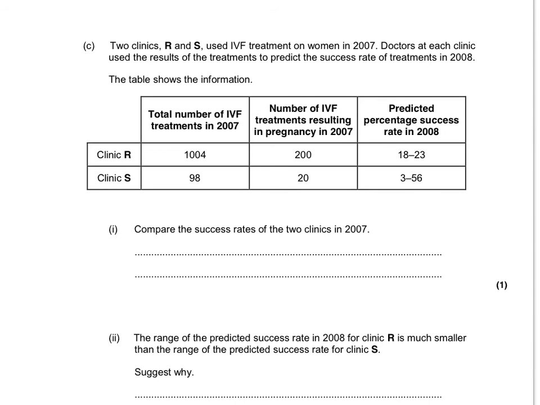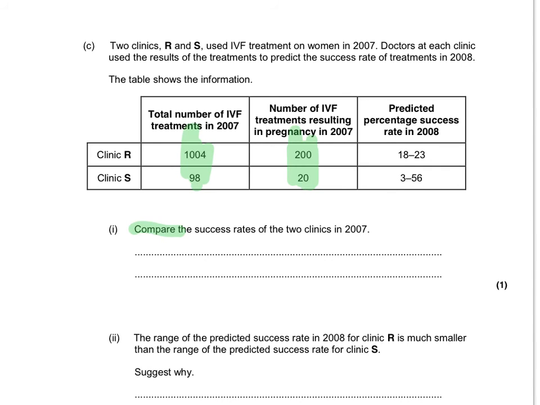This next question asks you to compare the success rates of the 2 clinics in 2007. Now it presents you with a table of data. What you really need to do is get your head around what the table is showing you. Okay, so for each clinic it shows you the total number of IVF treatments, and it then shows you the success rates, or how many IVF treatments resulted in pregnancy.